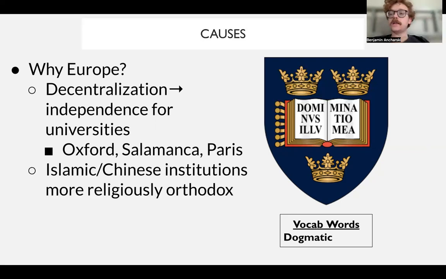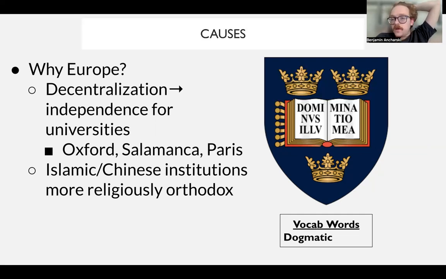But this independence of thought in these European universities contrasts with the political situation of the Islamic world. And remember, the Islamic world is not necessarily one single country, but more similar societies in the Middle East and beyond. Well, we do see this dogmatic thinking in Islamic universities and Chinese universities.